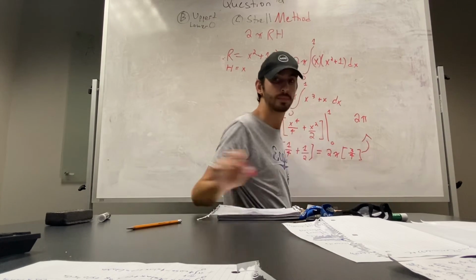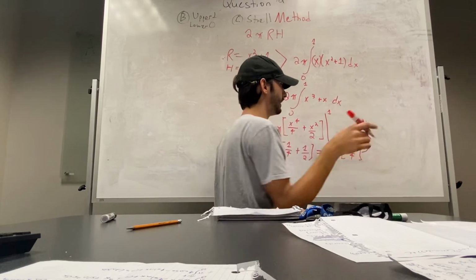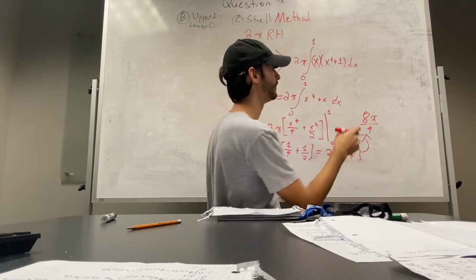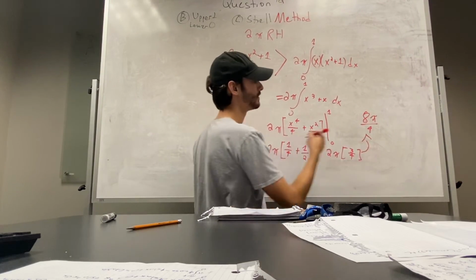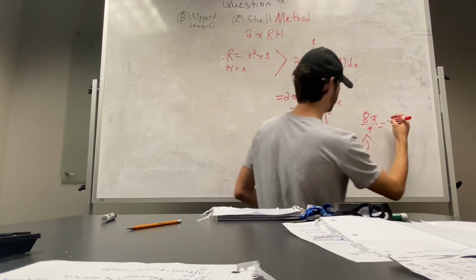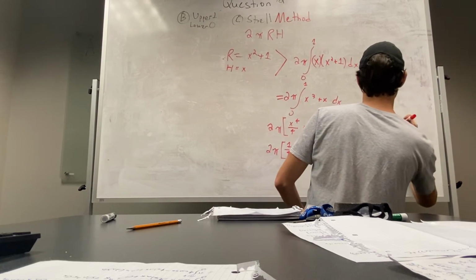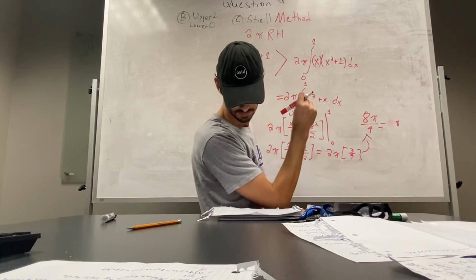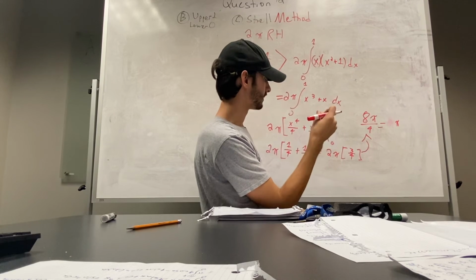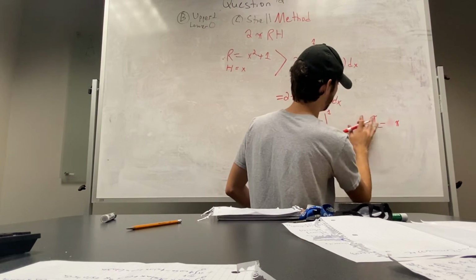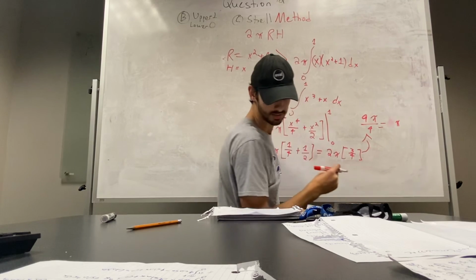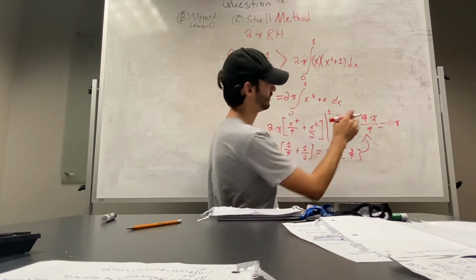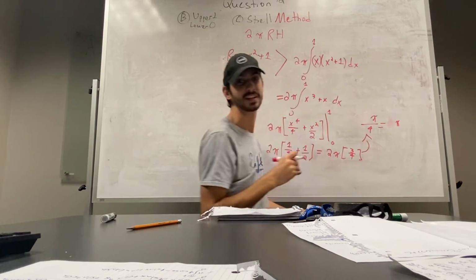Now if we multiply these two, that's going to give us 2 pi times 3. Sorry, pretend I didn't do that.